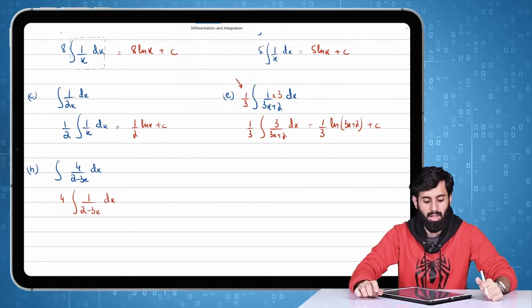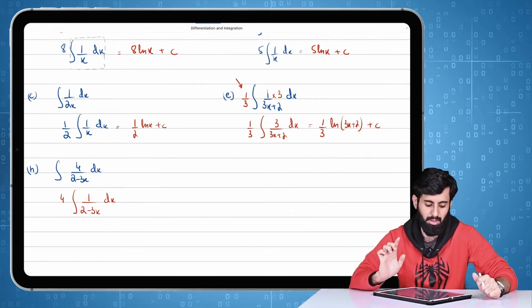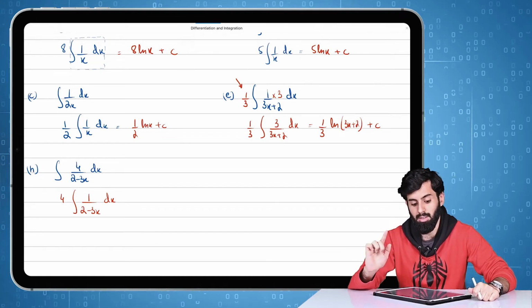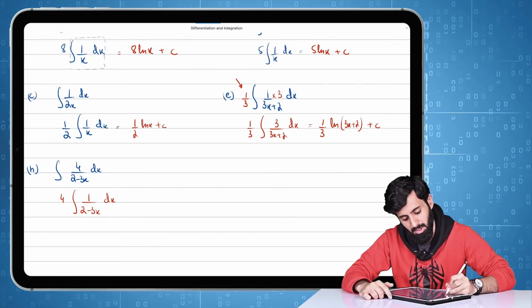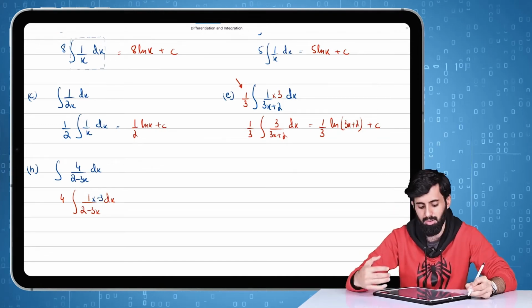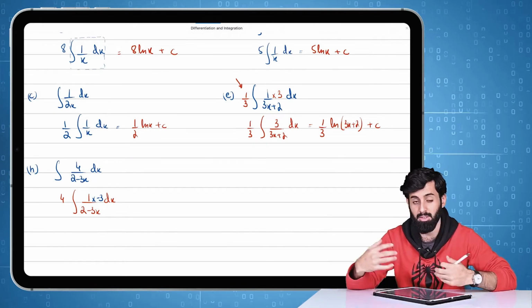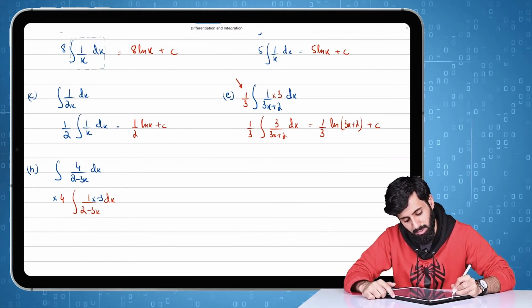Okay. Now you're looking at 2 minus 3x in the denominator, the differential of which will be minus 3. And what do you have in the numerator? You have just the 1. So that means you got to multiply it by minus 3 so that it becomes equal to the derivative of the denominator. But since you've multiplied by minus 3, you got to also multiply it by, there are two ways to look at it.